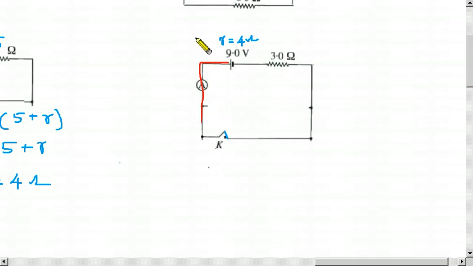So now only this one is the resistor we have in this circuit, and the internal resistor. So capital R equals 3, simple R equals 4, E equals 9. Current is what we have to find out, I.